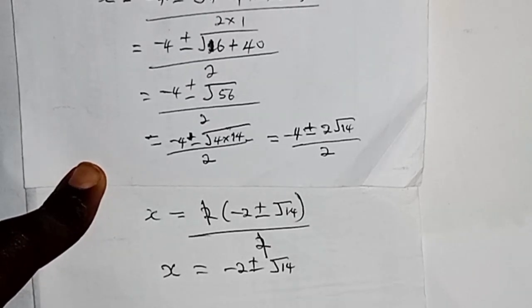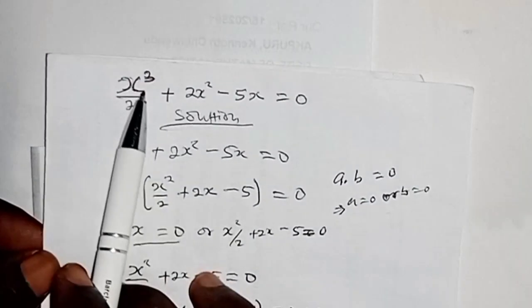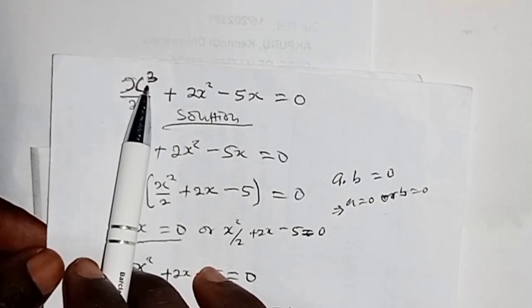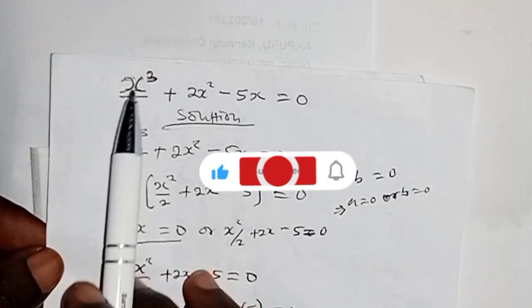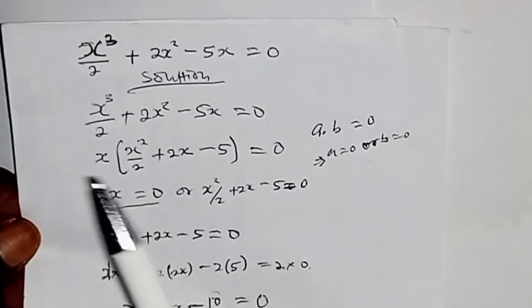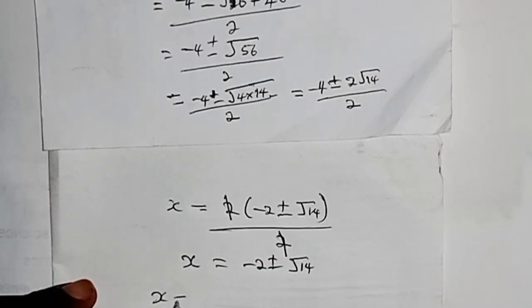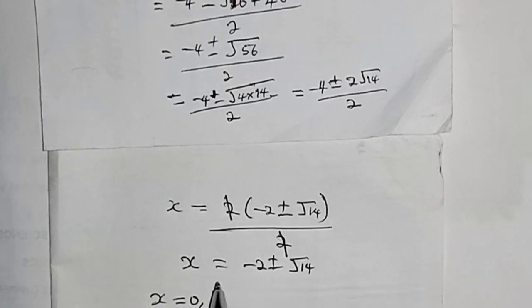So you can see clearly that we have gotten all the values of x, and if you remember, our question has x cubed, so 3 is the highest degree of x here, which tells us that we are going to have 3 values of x. And so we've gotten that the 3 values of x are, first, x is equal to 0. That was the first one we got.